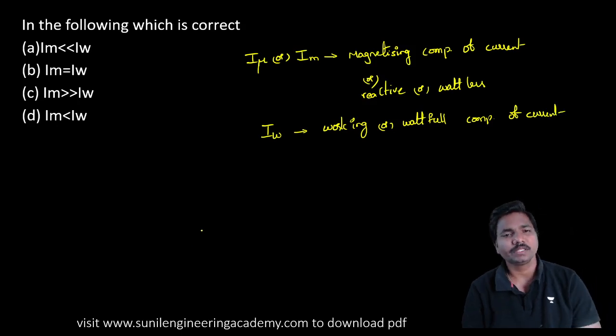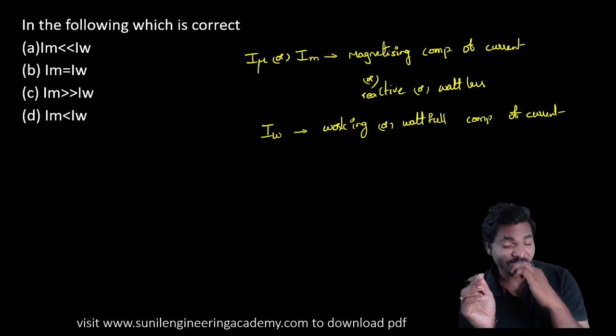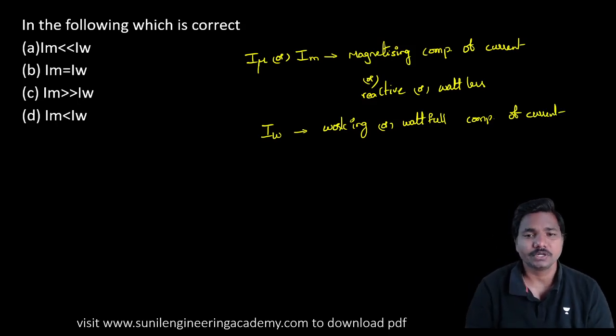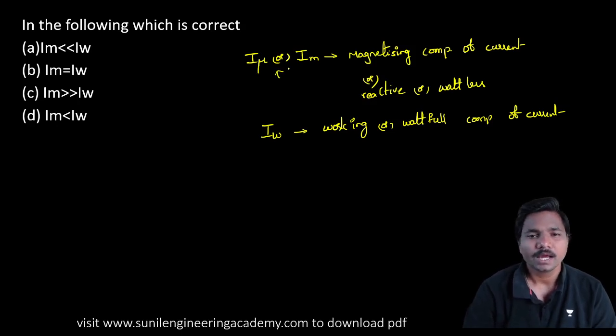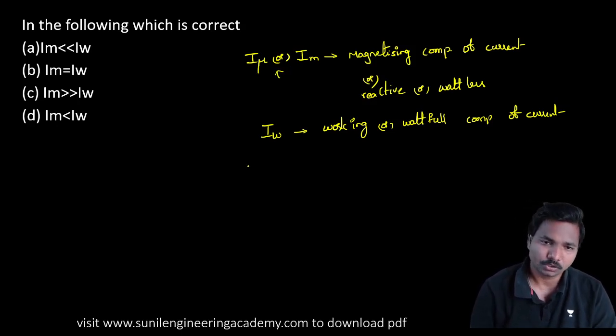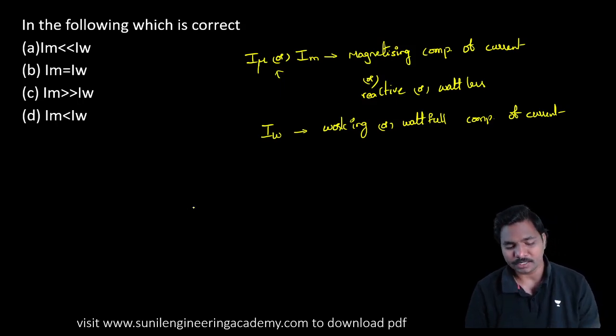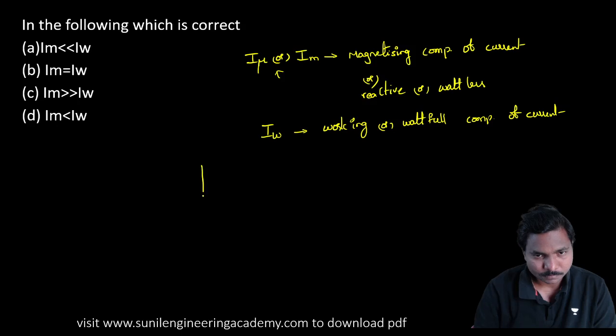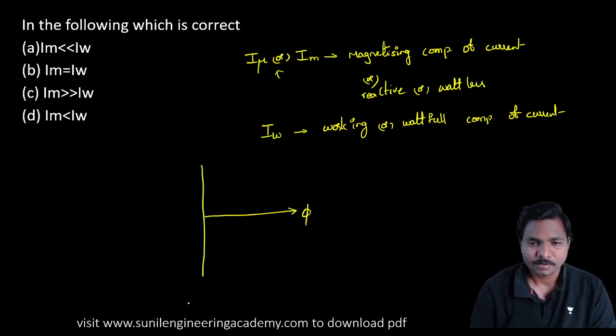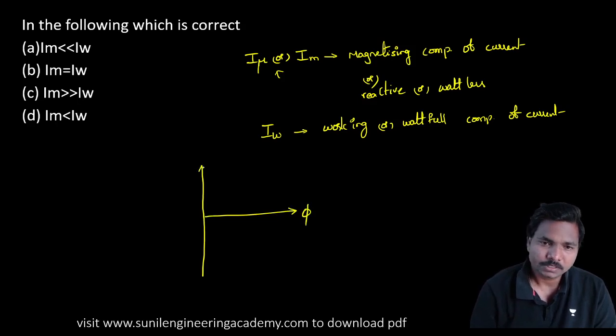We know very well that in the transformer the windings are inductive in nature. Inductive nature means the magnetizing current has to be higher than the working component. If you consider the vector diagram, let us take flux as the reference. First of all, voltage is leading.